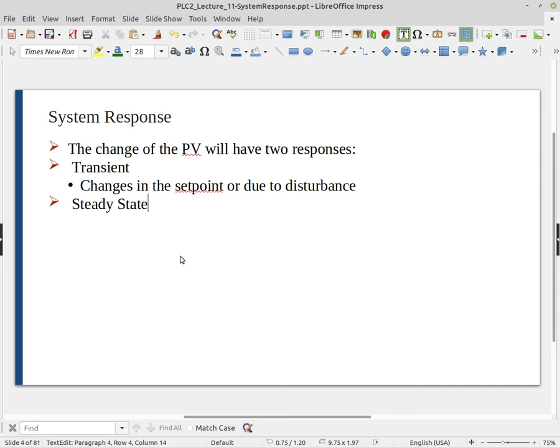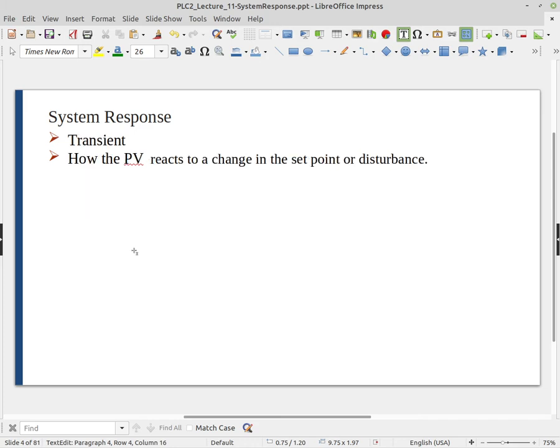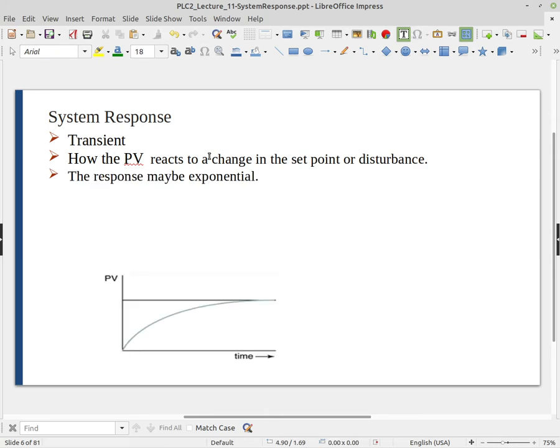So it's a steady state where we're at a point where we're going to maintain this value until either a disturbance comes in again or we have a change in our set point. Okay, so the transient response is how the system reacts to a change.